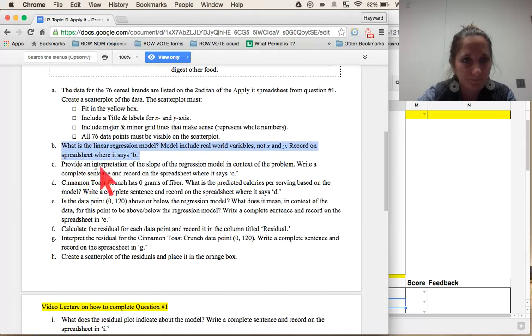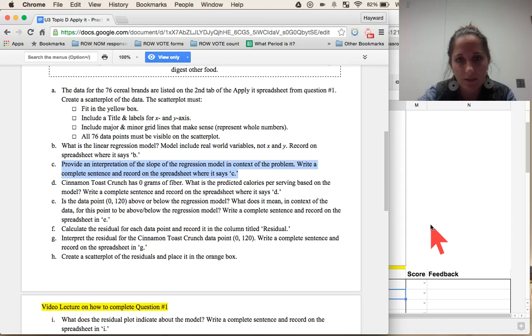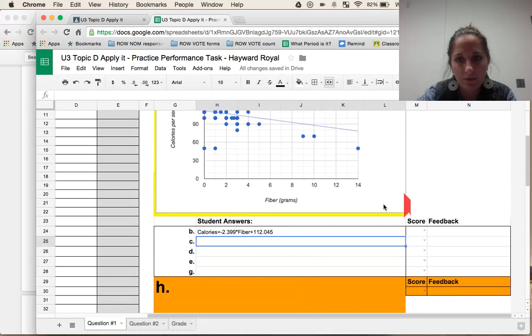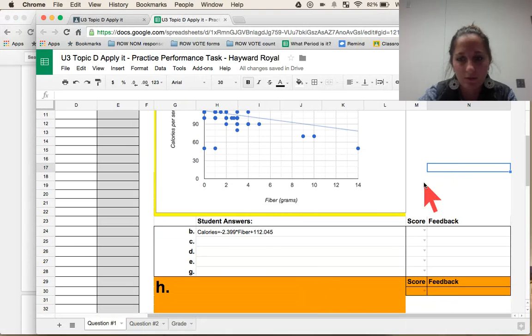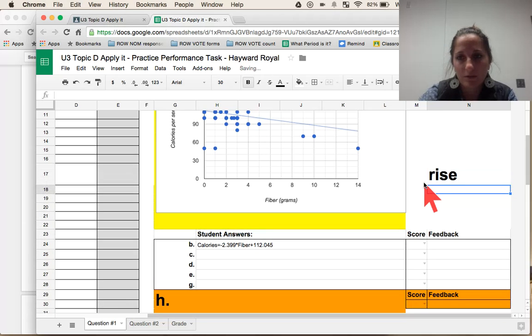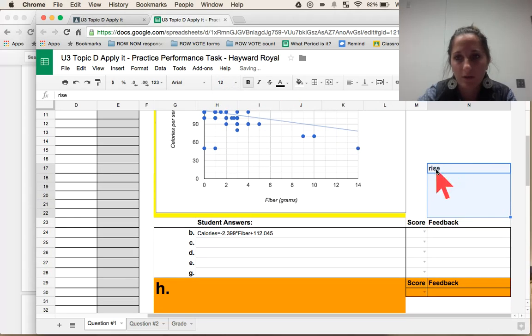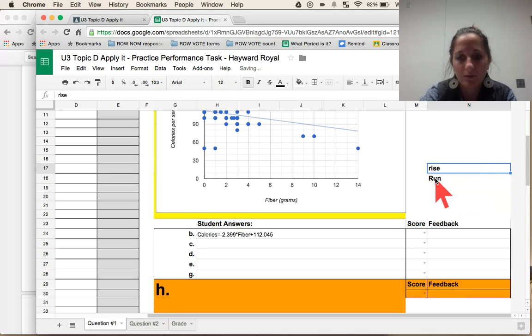Okay. C, provide an interpretation of the slope of the regression model in context of the problem. Record it where it says C. So the slope, I'm going to make some notes over here. The slope is rise divided by run. Okay. Rise divided by run, right?